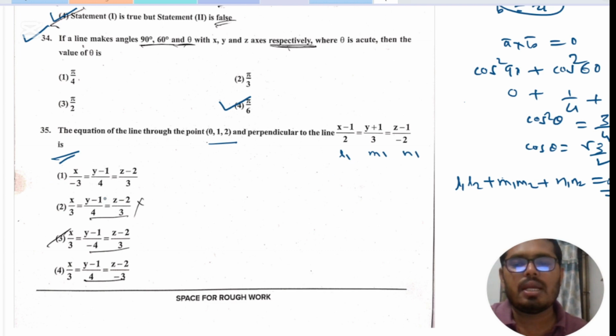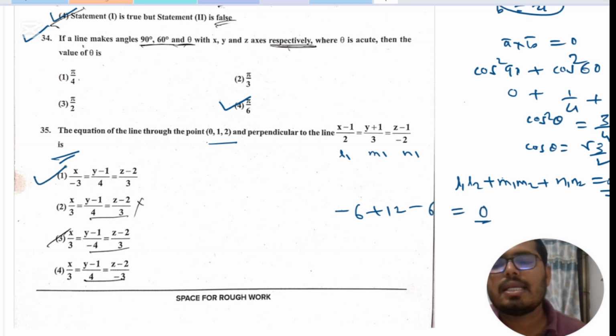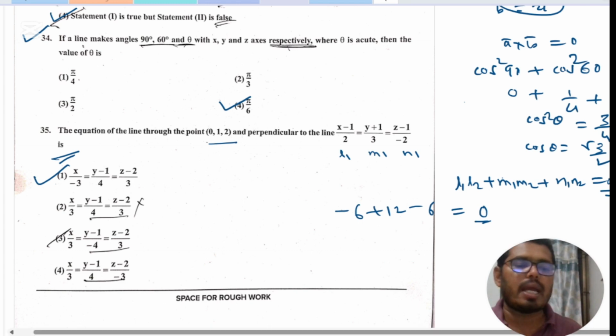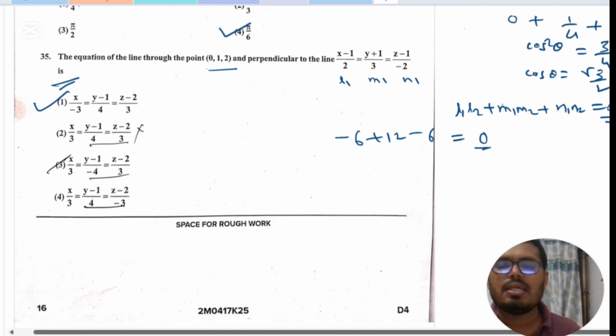If you observe here, then you get an idea about that. First line: minus 3 into 2 is minus 6, 4 into 3 is 12, then 3 into minus 2 is minus 6, which sums to 0. Therefore, first line is perpendicular to the given line. Therefore, option number first is correct here.